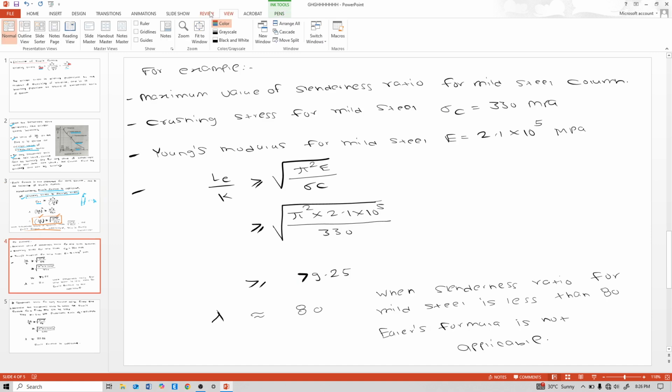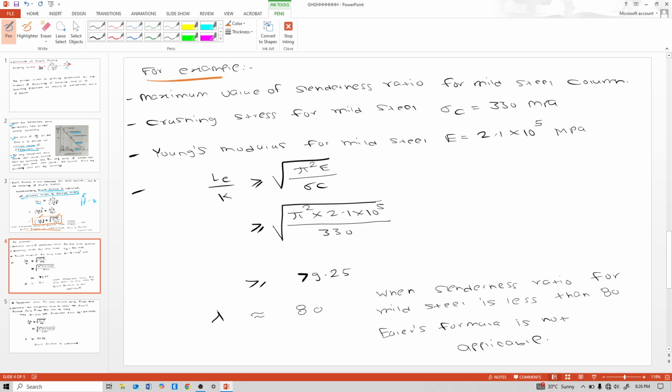See this example: maximum value of slenderness ratio for a mild steel column. So we will find the maximum value of slenderness ratio for a mild steel column. Crushing stress for the mild steel column is given as sigma C equal to 330 MPa.